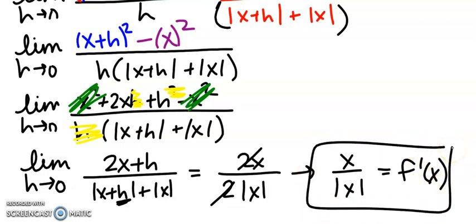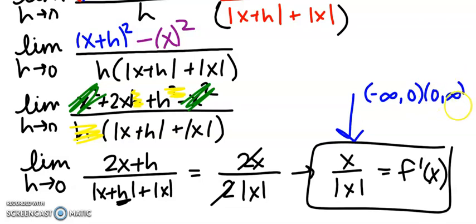And if you're looking at this, if f prime of x is equal to x divided by the absolute value of x, this function has a domain problem when x is 0, which means the domain is negative infinity to 0, 0 to infinity, because we can't divide by 0.